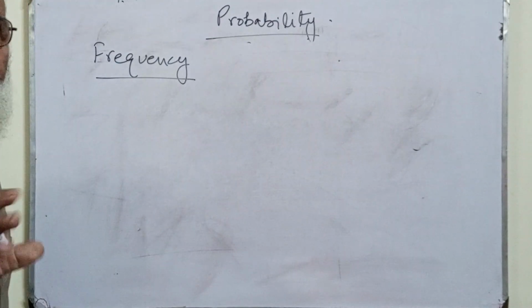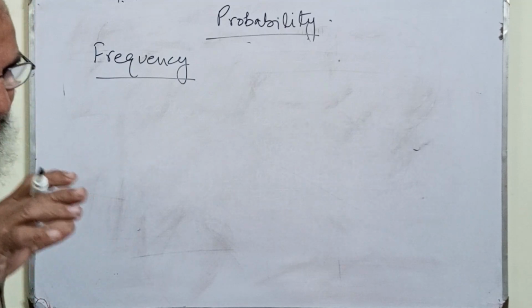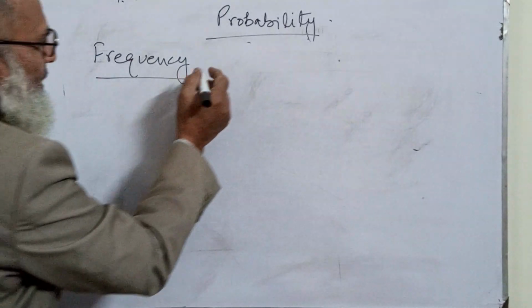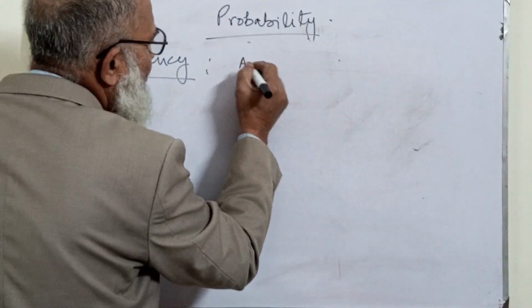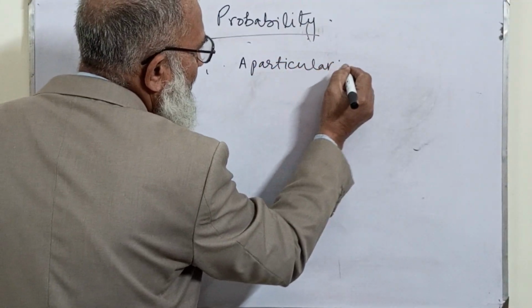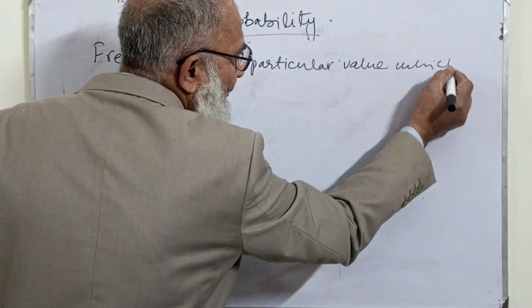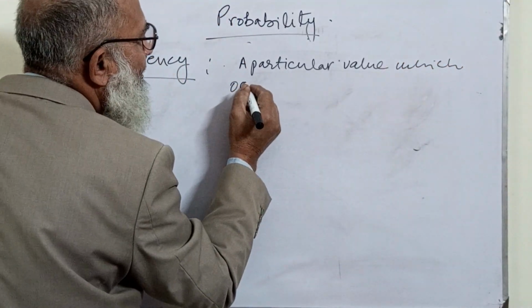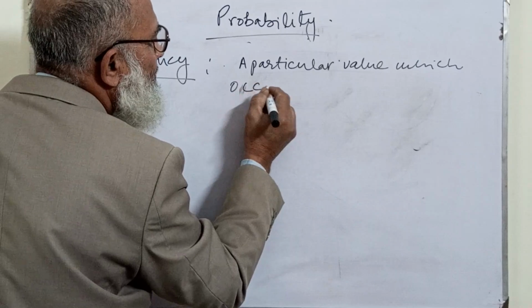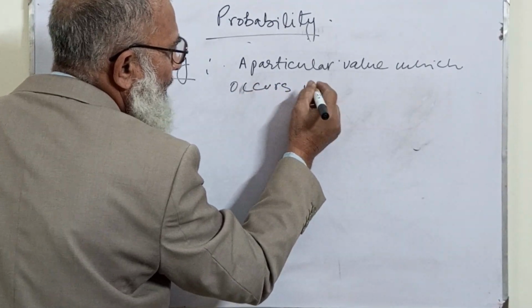The number of times a particular value occurs in a data set is called frequency. It is the particular value which occurs in the data set.